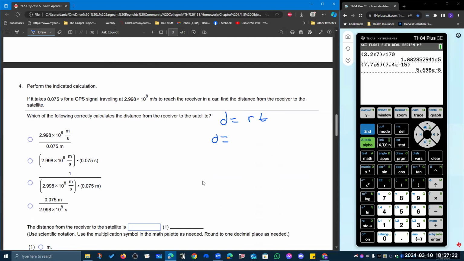D equals the rate in meters per second times the time, 0.075 seconds. The seconds will cancel, leaving meters.